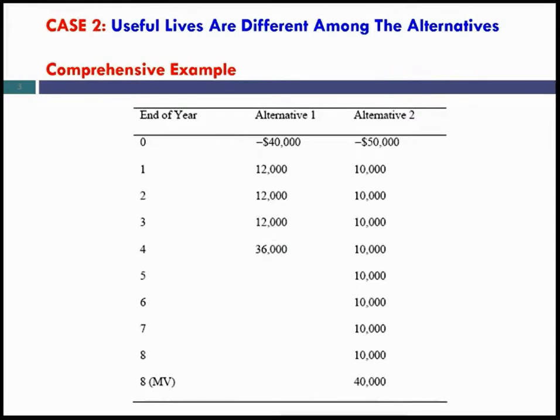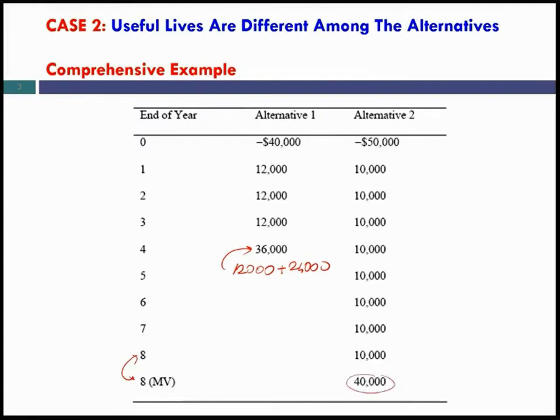The salvage value here is 24,000. So it is actually 12,000 annual revenue plus 24,000 salvage value, which is 36,000.